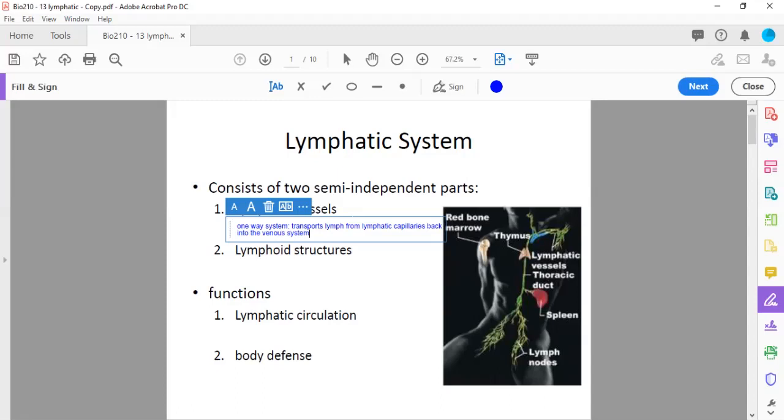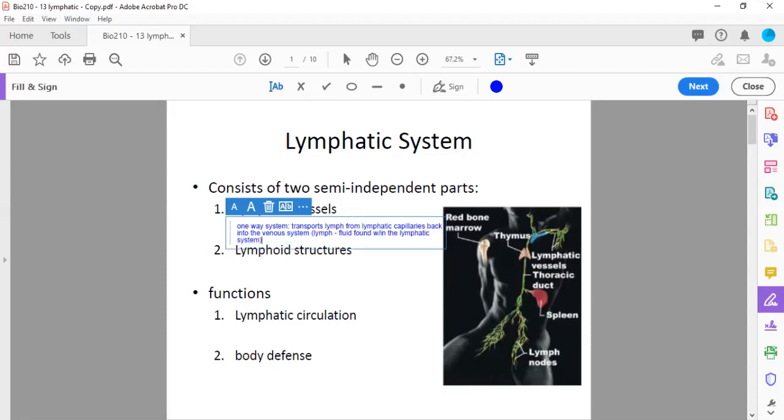And I'll tell you why I use the word lymph. Lymph pertains to fluid found within the lymphatic system.